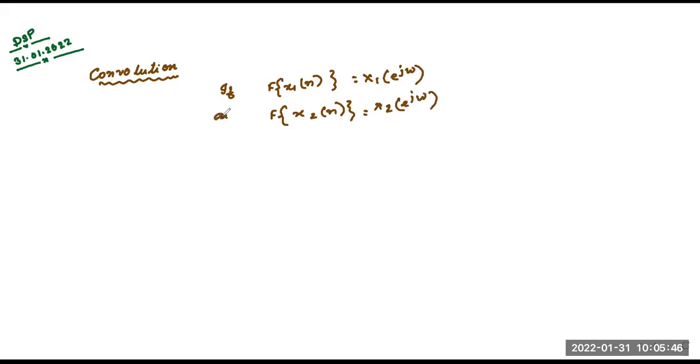What is this convolution property? It says that if the Fourier transform of x1[n] is X1(e^{jω}) and the Fourier transform of x2[n] equals X2(e^{jω}), then the Fourier transform of x1[n] convolved with x2[n] equals the product of the Fourier transforms of each signal, X1(e^{jω}) and X2(e^{jω}).